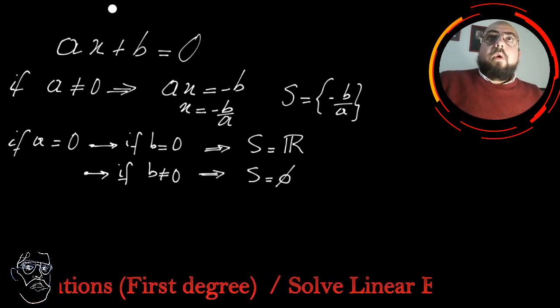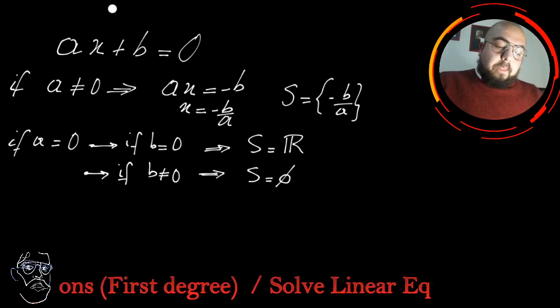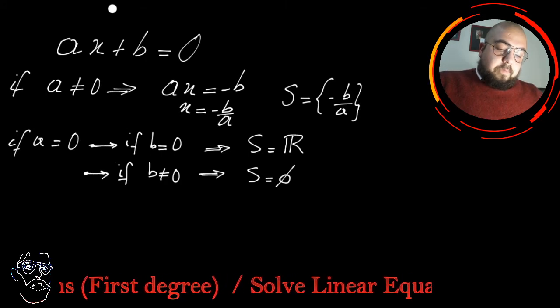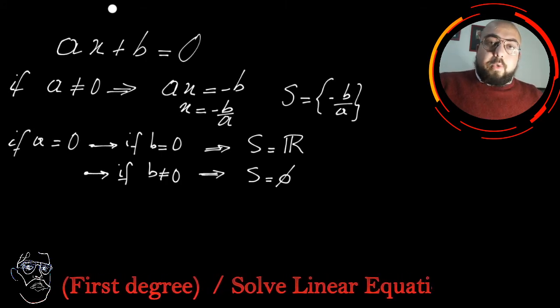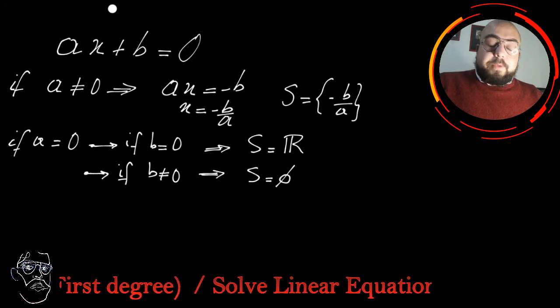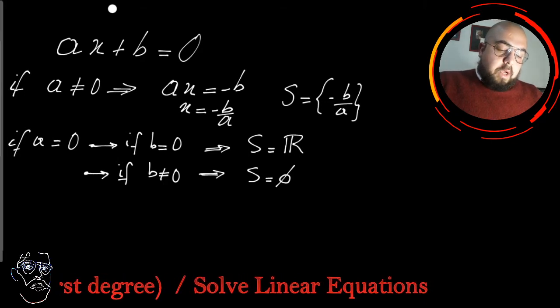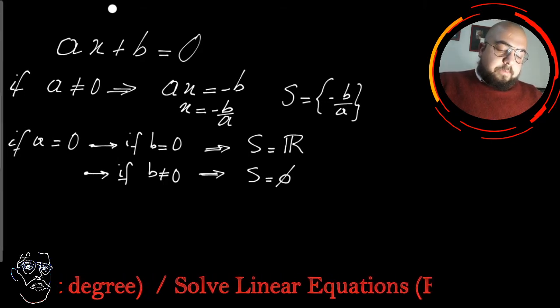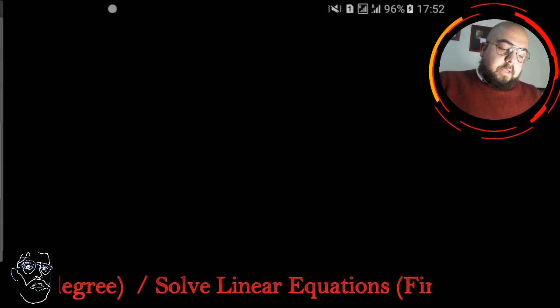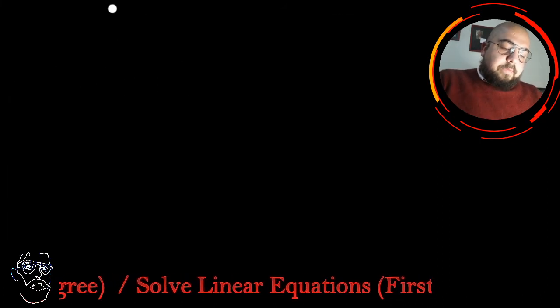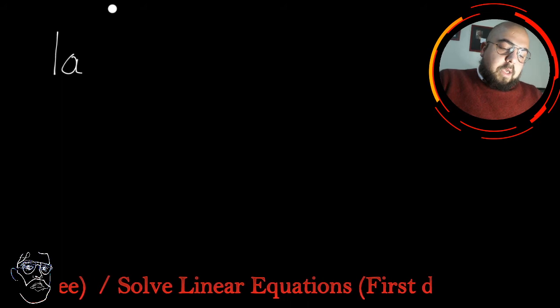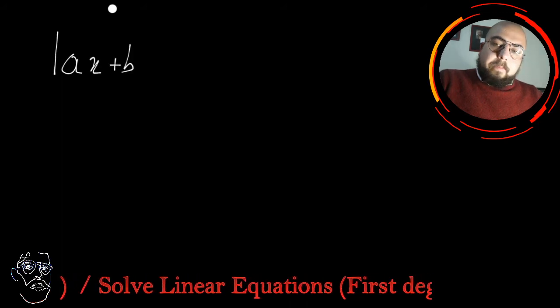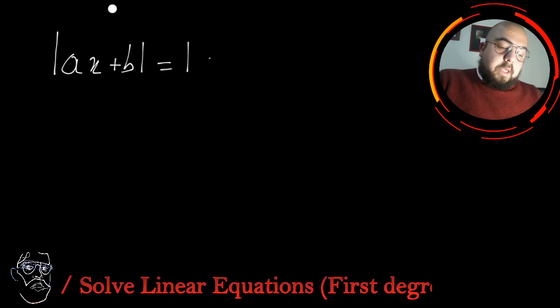So now, how do we solve first degree equations or linear equations where we have absolute values? I will take the general form and we're going to discuss it together. So the general form is when you have the absolute value of ax plus b is equal to the absolute value of cx plus d.